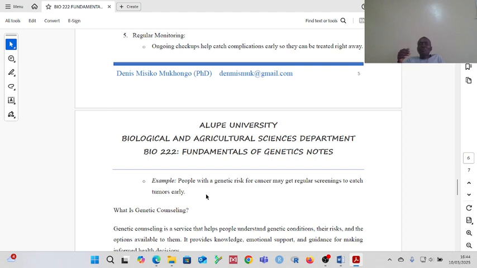So, for example, people who have a genetic risk for cancer will need to undergo regular screenings so that in case cancer is beginning to develop by virtue of their genetic risk, then they can begin treatment early. So through regular monitoring, it is just to check, because you have a higher risk of developing a particular disease by virtue of a genetic mutation.